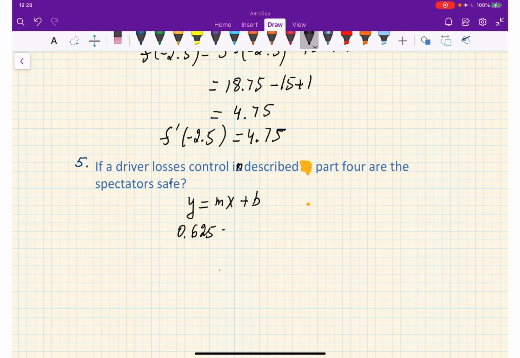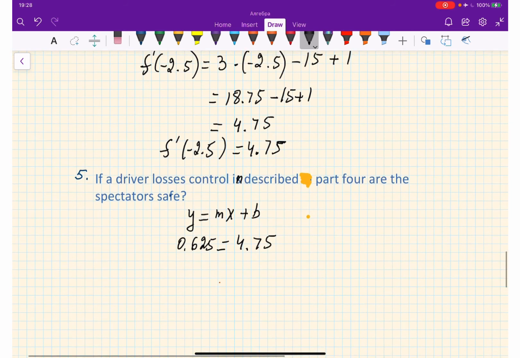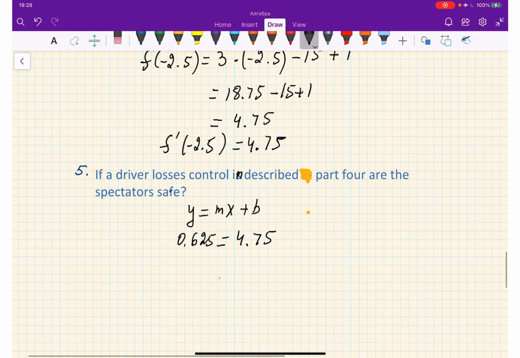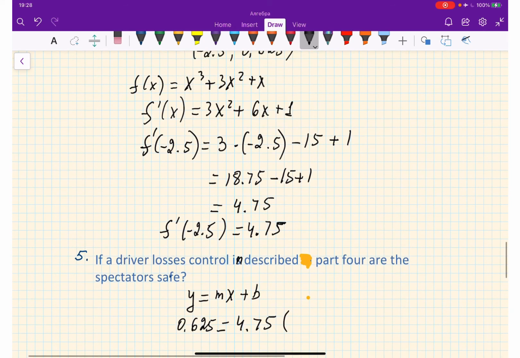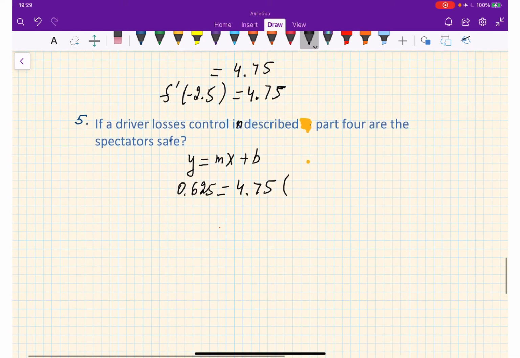So 0.625 is equal to 4.75, that's our slope, right? It's going to be 4.75 times, how much was the point? Negative 2.5, plus b.